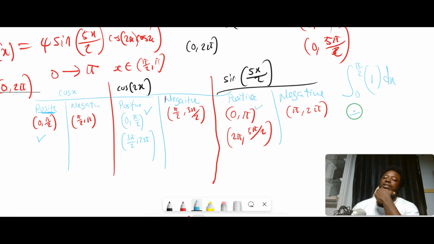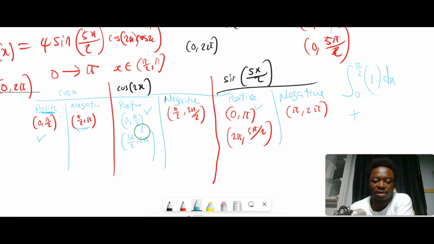Then when is it negative? Let's say from pi over 2 to pi, what happens there? Well, cosine of x is negative there. What about cosine of 2x from pi over 2 to pi?